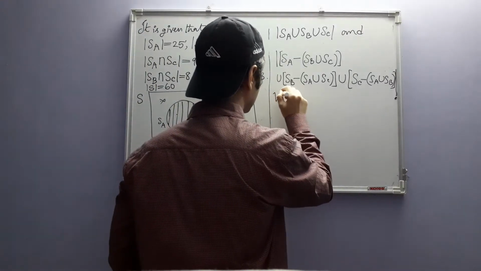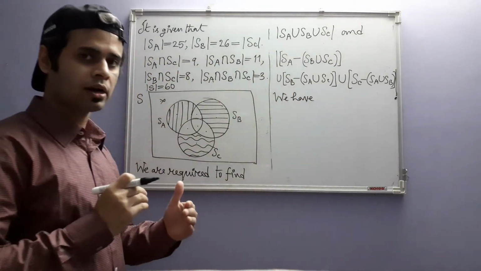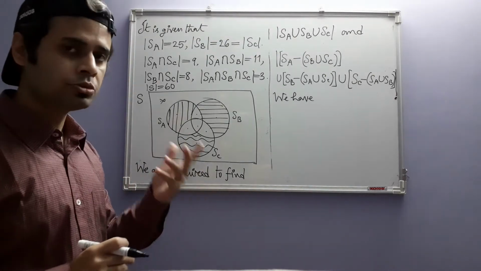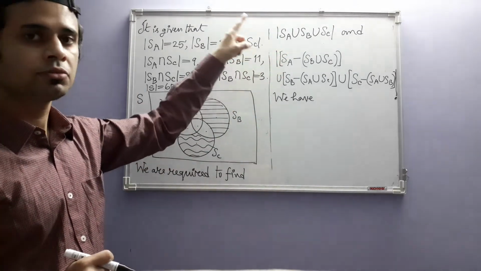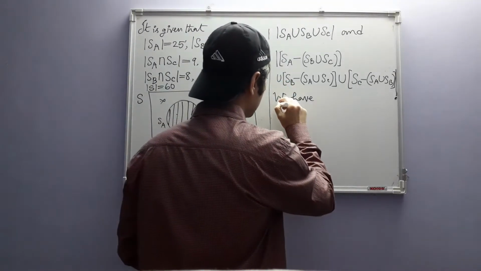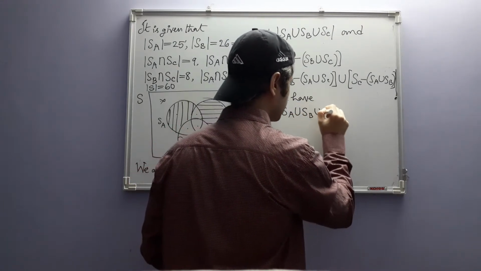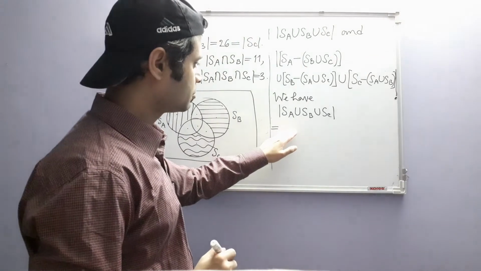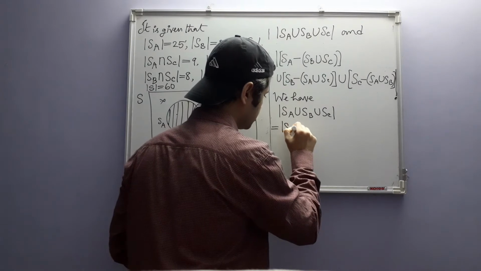If you recall, first of all we know how to find the cardinality of the union of two sets. Then using that we found a formula for the cardinality of a union of three sets. That's what we are going to use here because we have three sets. So the cardinality of SA union SB union SC is equal to, if you remember, you first have to add the cardinalities of the individual sets.